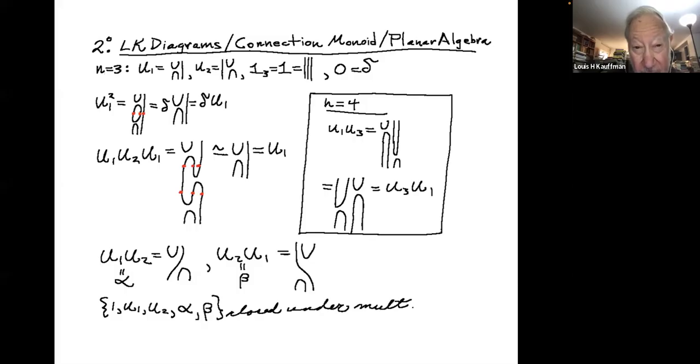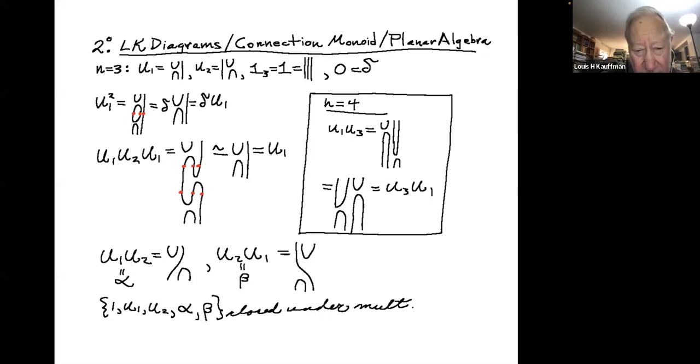And of course, if you separate the Ui defined this way by more than one, then they will commute, as in the box with U1, U3 at n equals 4. So all of those relations are realized by these pictures. And we want to see what we mean by these pictures combinatorially, among other things, but just play with the pictures for the moment.